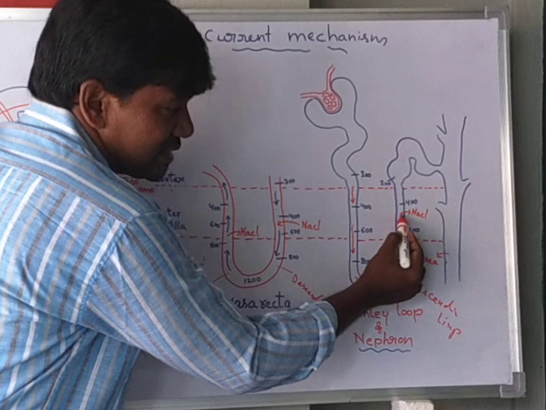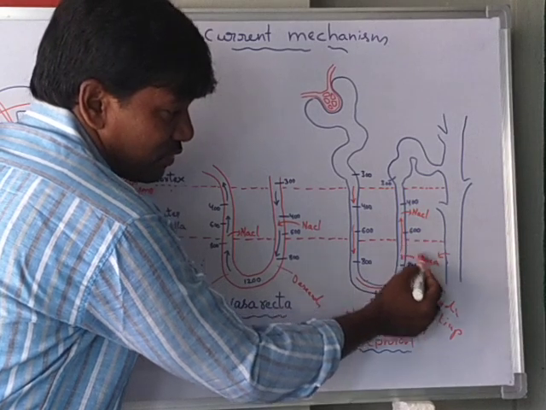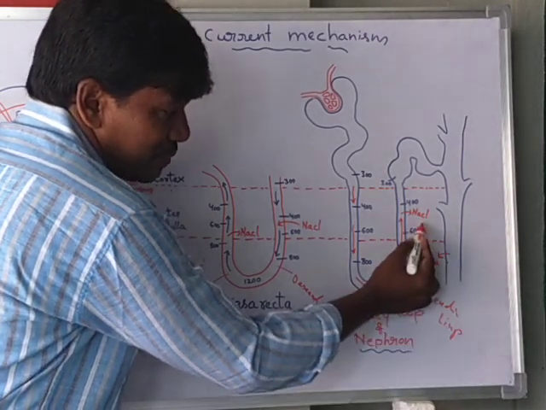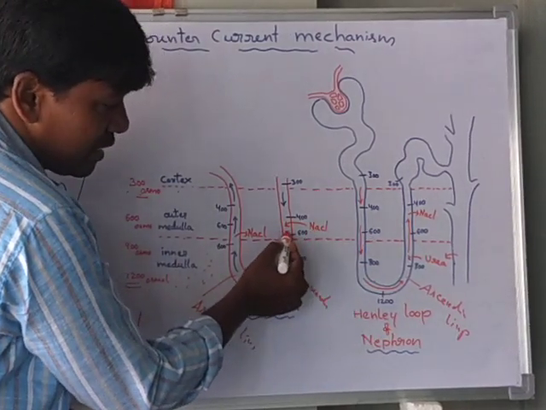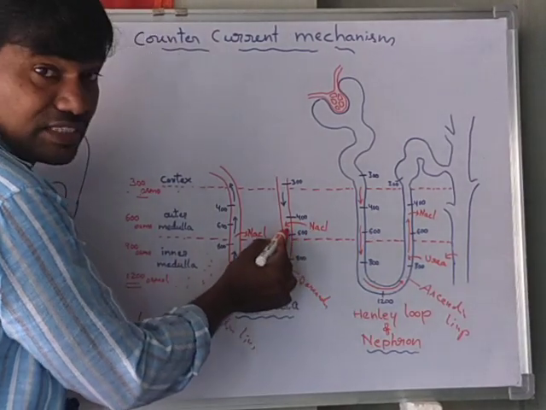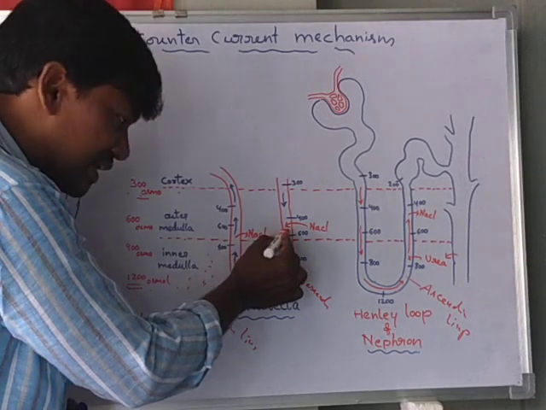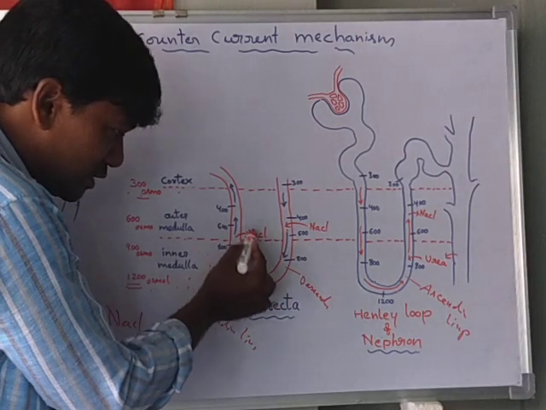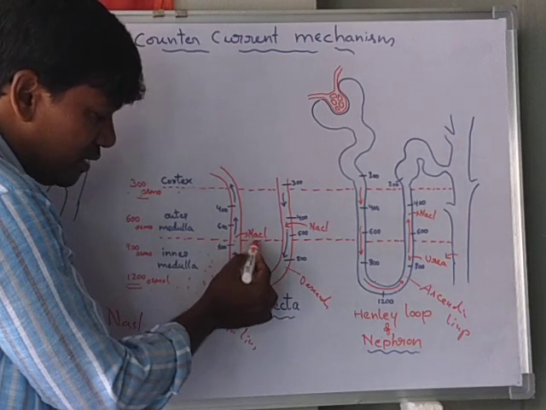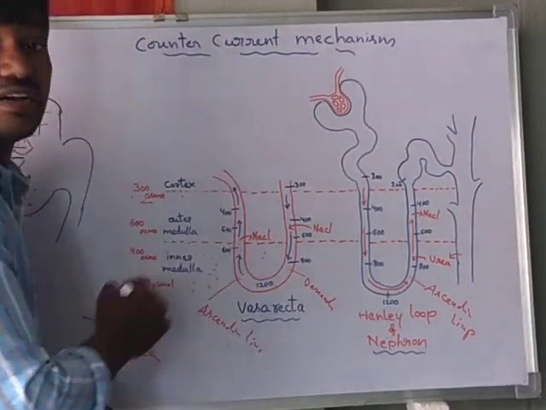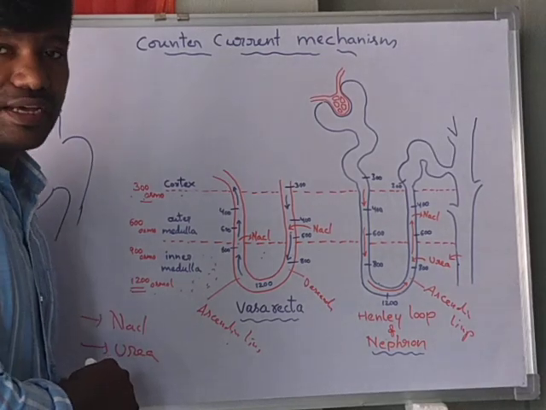NaCl comes into the interstitial fluid through the ascending limb of the Henle loop, then enters the descending limb of the vasa recta, and then comes back into the interstitial fluid by the ascending limb of the vasa recta. Are you clear?